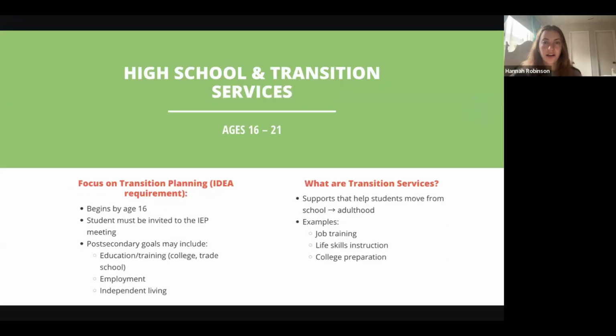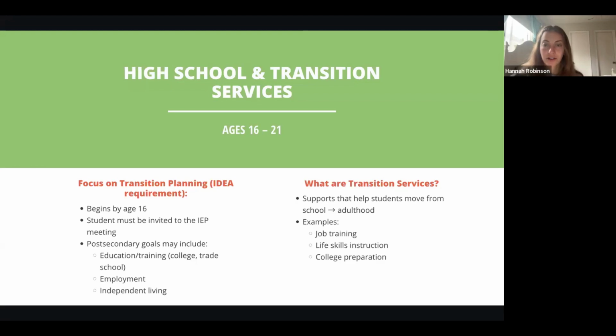So then to touch on transition services a little bit more, which is a requirement under IDEA. This begins by age 16, and students must be invited to their IEP meetings by this age. And so some post-secondary goals that they discuss in this transition planning stage include future education or training, such as college or trade school, employment and independent living.